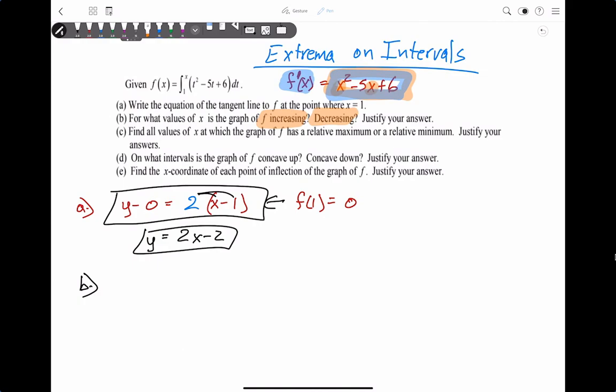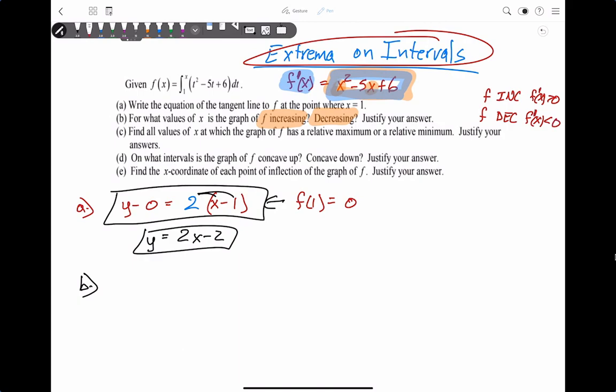Now, immediately with extrema on intervals, I need to remember that f increases when f prime is positive. And I know that f decreases when f prime is negative, okay? We already found f prime, it's up here. We found it from that second fundamental theorem, okay?